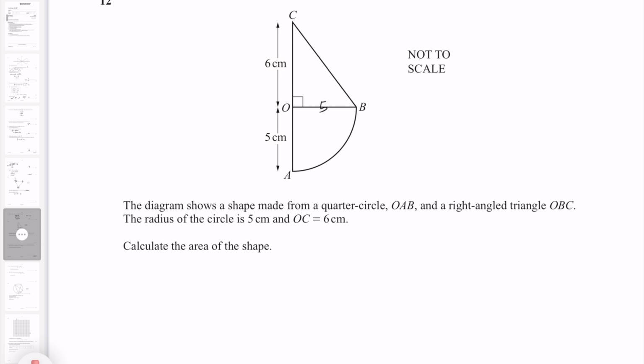So for the area total, that's the area of the quarter circle plus area of the triangle. Quarter circle is 1/4 of pi r squared, which is the entire circle's area. Now add that with area of triangle, that's half of 6 times 5, base times height.